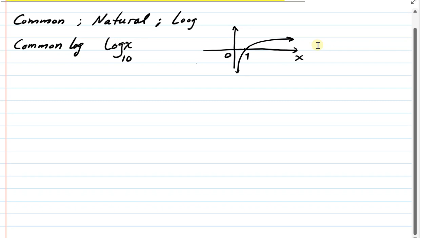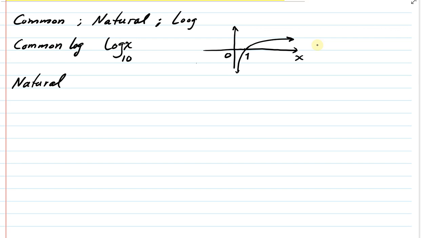The natural log, that one is called natural because it is used quite often in modeling growth and decay models, and it's also used in life sciences quite often, so hence the name natural log. The natural log is a log whose base is e. Now remember, e, just like pi, is an irrational number whose decimal approximation is 2.718 and so forth.